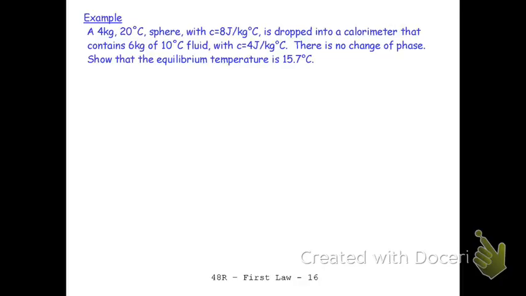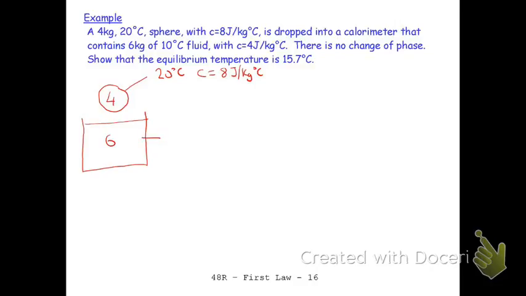A 4 kilogram (20°C) sphere with a specific heat for this material of 8 joules per kilogram degree C is dropped into a calorimeter, a bucket, that contains 6 kilograms of 10°C fluid, and the specific heat for the fluid is equal to 4 joules per kilogram degree C. What's the final temperature? TF.